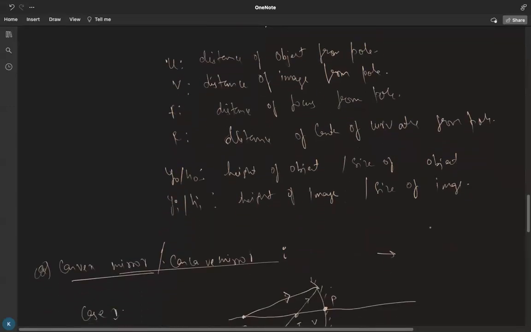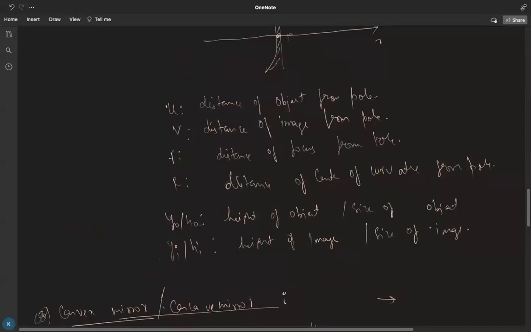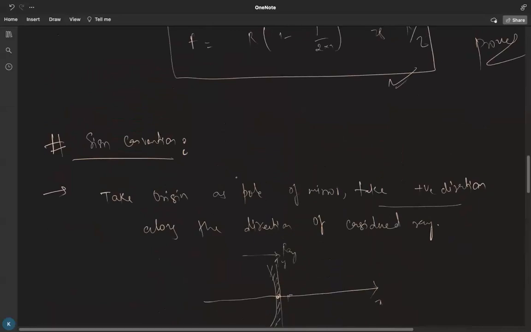Now let's talk about the sign convention. The thing you have to keep in mind is a one-line concept, because in many books this is not clearly given, it is used directly, so sometimes it becomes hard to connect, but it's a one-line easy concept. What I am writing here is that you have to take the pole as the origin, and take the positive direction along the direction of the considered rays, right?